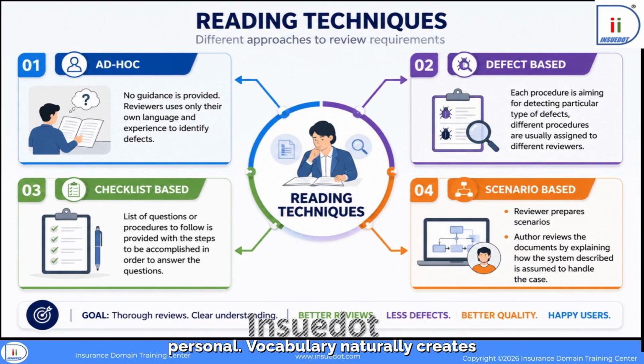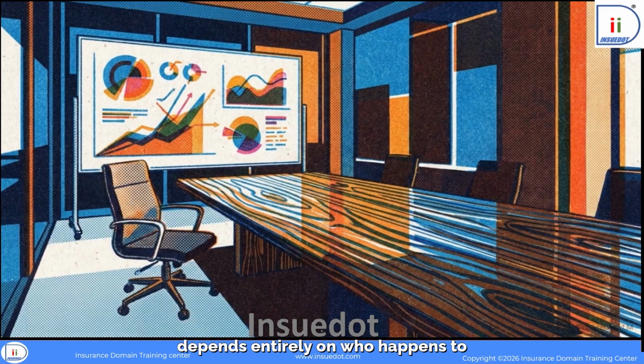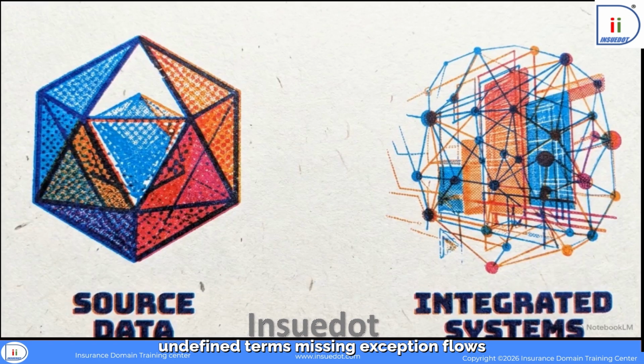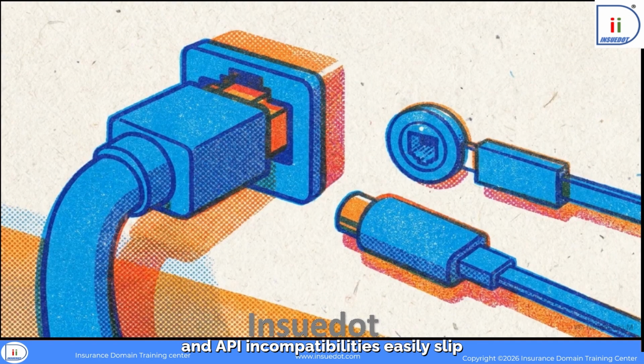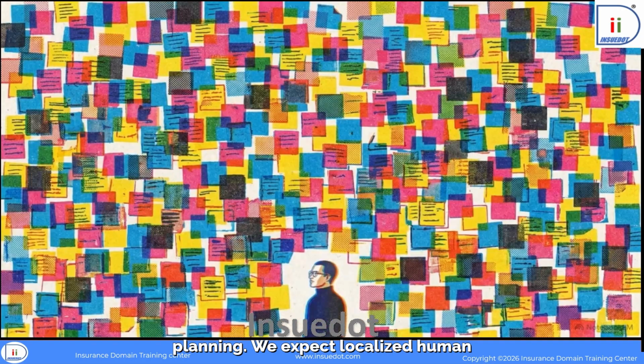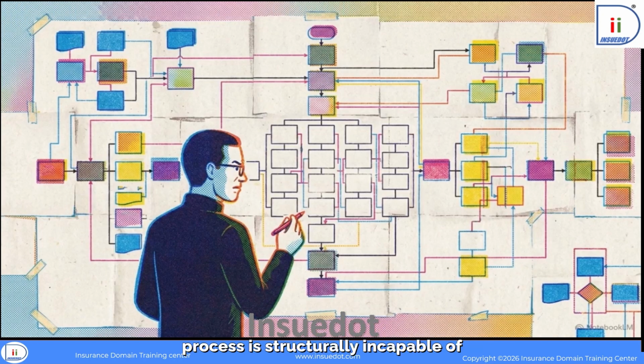This reliance on personal vocabulary naturally creates massive blind spots. When validation depends entirely on who happens to be in the room, such as undefined terms, missing exception flows, and API incompatibilities, they easily slip past the team during standard sprint planning. We expect localized human memory to perfectly manage a complex macro system problem. The manual process is structurally incapable of catching every gap.